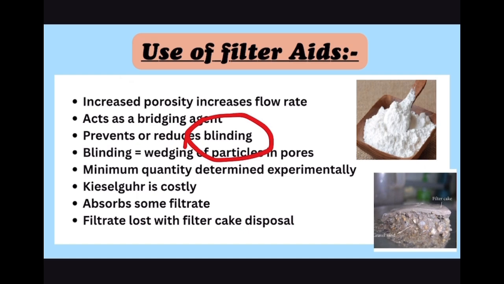The minimum quantity of filter aid required is determined experimentally. However, filter aids like Kieselguhr are costly, and they can absorb some amount of filtrate, which leads to product loss. Also, some filtrate is lost when the filter cake is discarded.